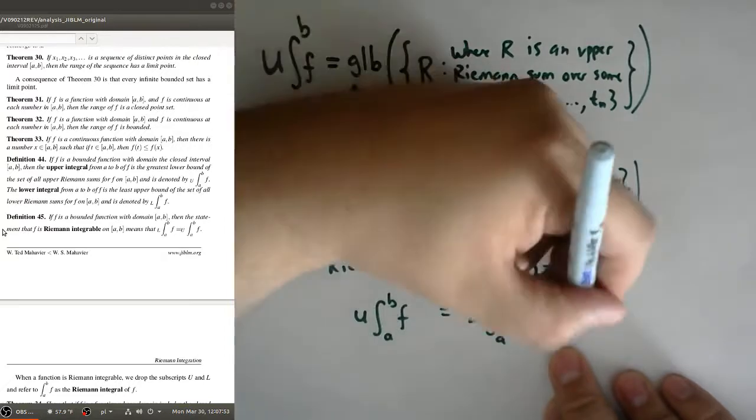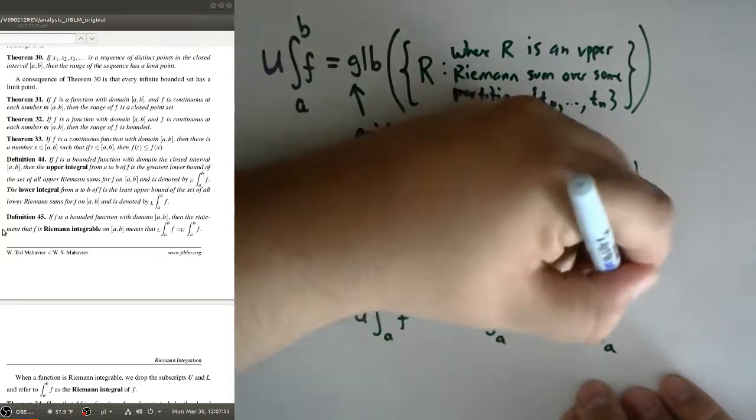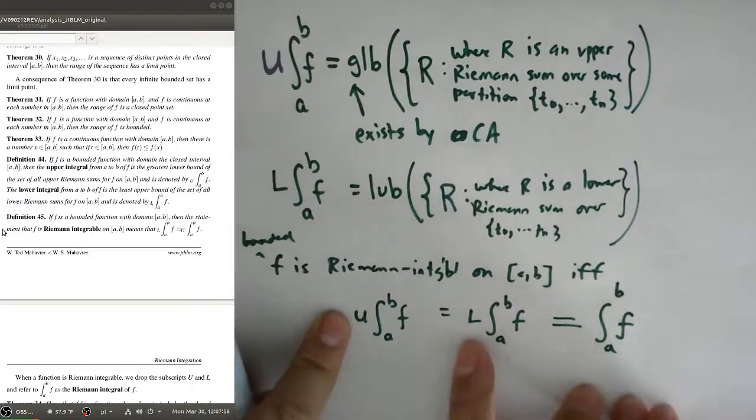And if they're equal, then we say that's the integral from a to b of f, without an L or a U in the front.